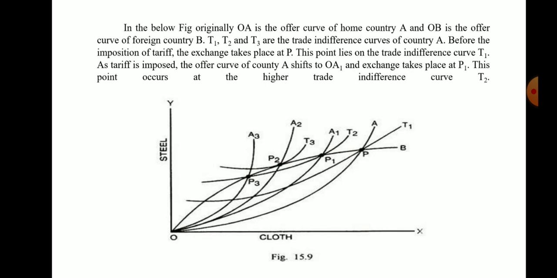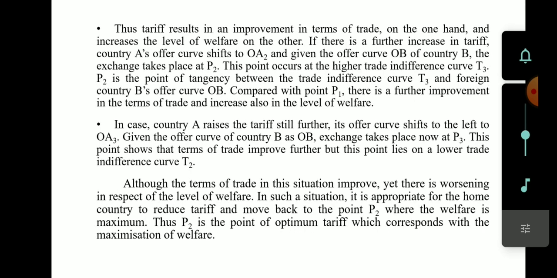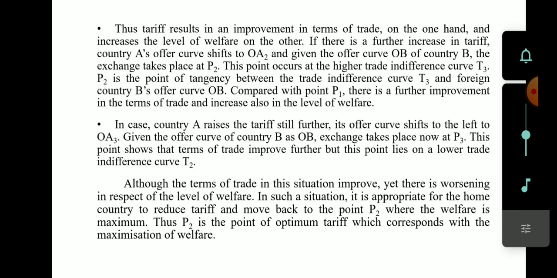As tariff is imposed, the offer curve of country A shifts to OA1 and exchange takes place at P1. This point occurs at the higher trade indifference curve T2. Thus, tariff results in an improvement in terms of trade on the one hand and increases the level of welfare on the other.